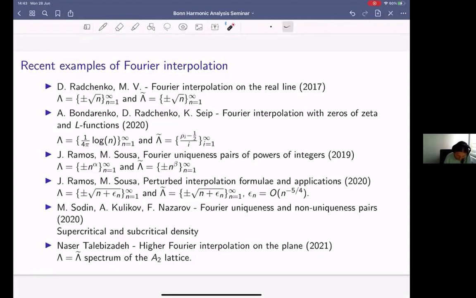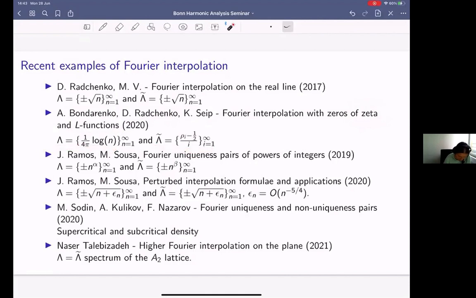And then there was a very interesting result of Andrei Bondarenko, Danilo Radchenko, and Christian Seip. They proved that Fourier interpolation works for zeros of zeta function and L functions. In particular, in the case of zeta functions, they consider the following pair of sets.